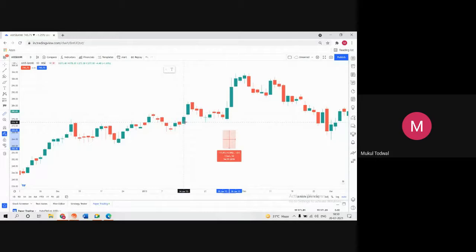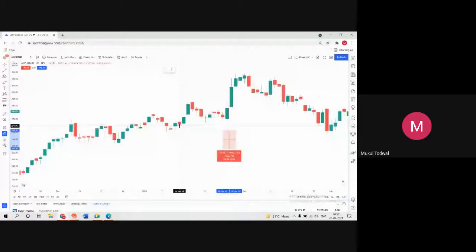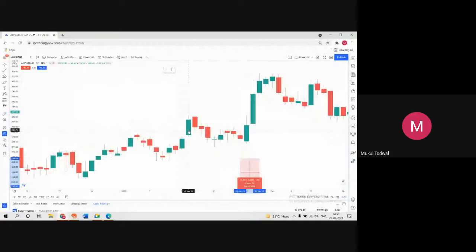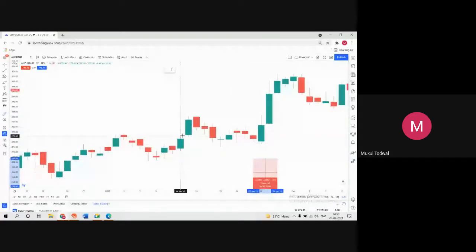Also the size of the red candle. Let me zoom in. Does the green candle cover the whole red candle? I don't think it has covered it. The shadow part is still bigger than this. It should completely engulf the previous candle.